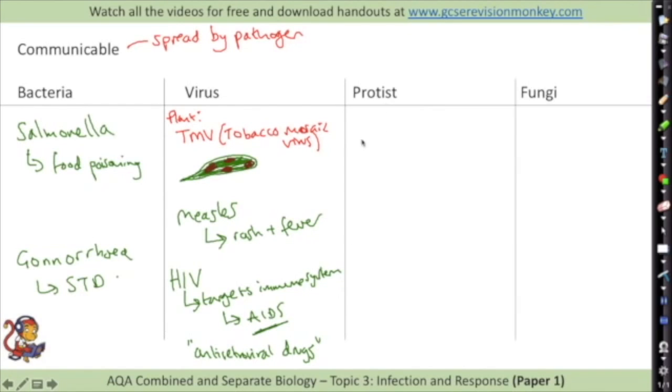So it's a really one that's very difficult to treat, and if it leads to AIDS, can ultimately end in death. So an example of a condition that can be transferred by a protist is malaria, and the malarial protist lives in mosquitoes. Part of its life cycle is within mosquitoes.